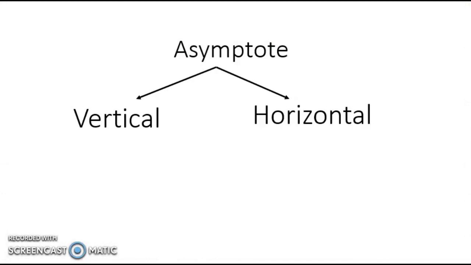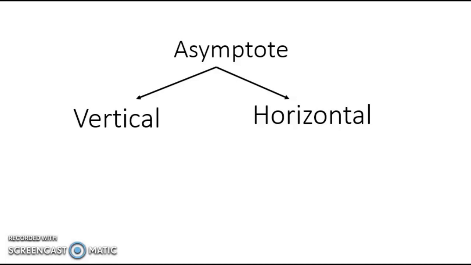So again, vertical asymptote describes the behavior of the graph as the output gets very large or very small, while the horizontal asymptote describes the behavior of the graph as the input gets very large or very small.